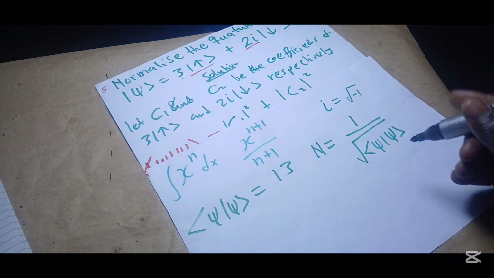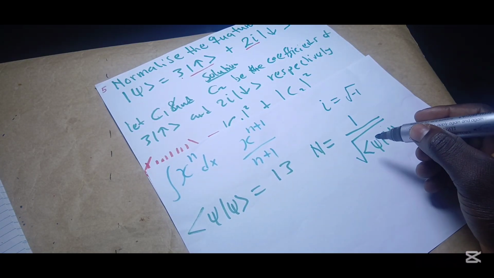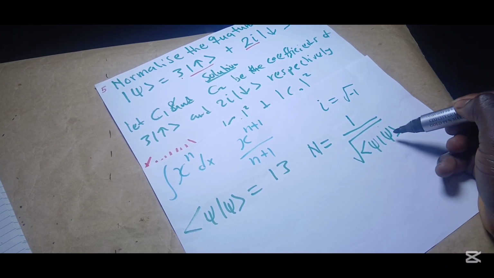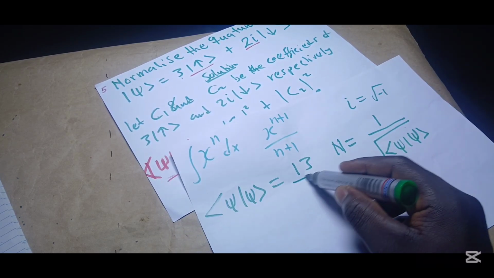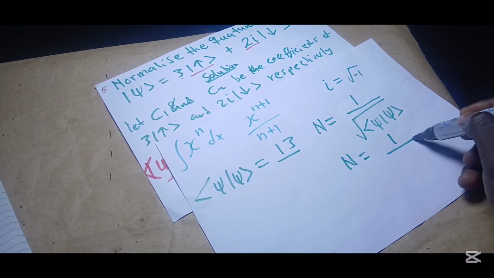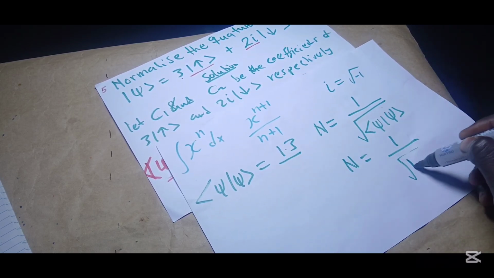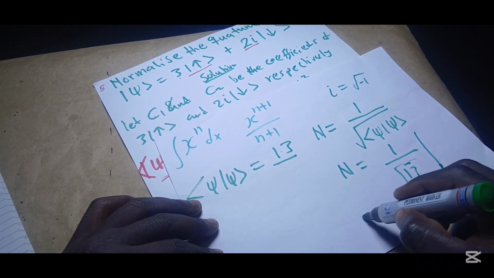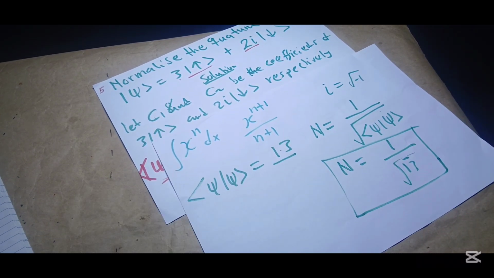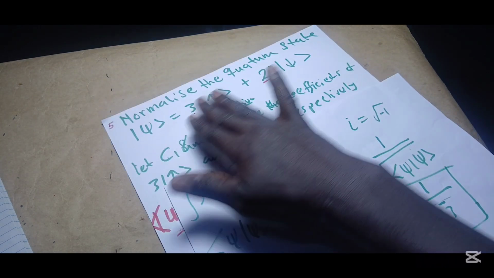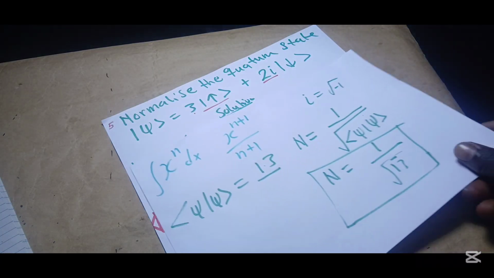And the second step, you calculate the normalization constant, which is 1 over square root of the norm. So our norm is 13, so the normalization constant is equal to 1 all over square root of 13. And the last step to do is to multiply the normalization constant throughout the given state. So let's do that.